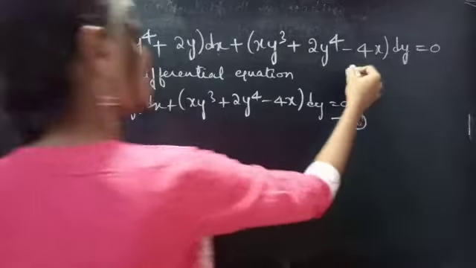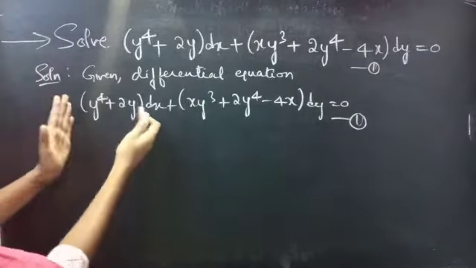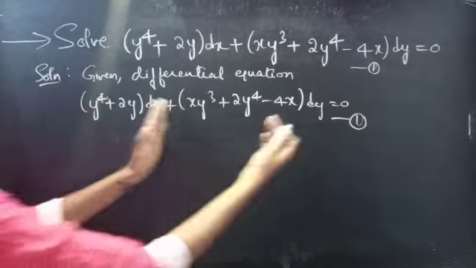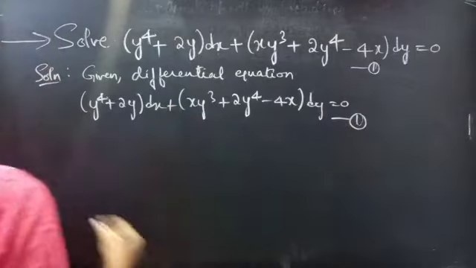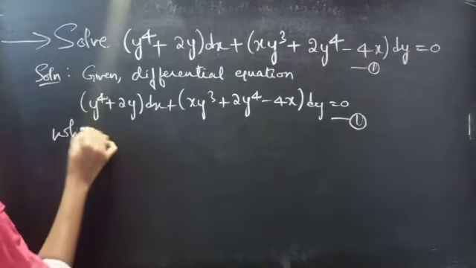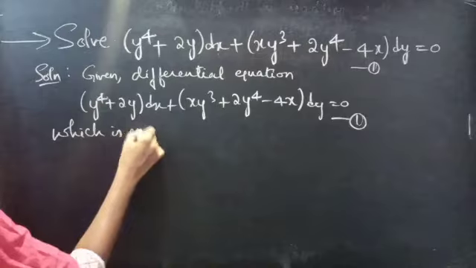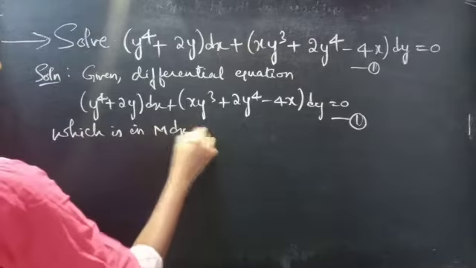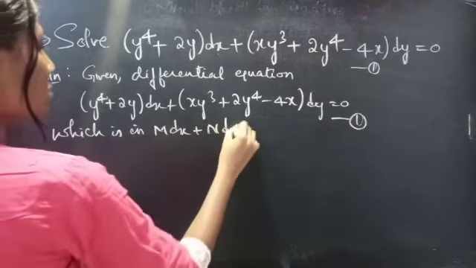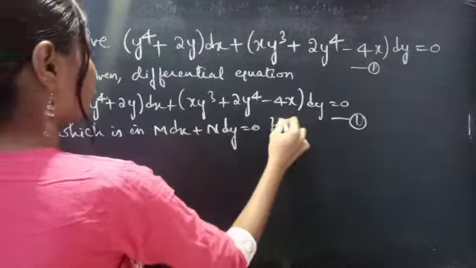Consider the given equation as equation number 1, which is in M dx + N dy = 0 form.